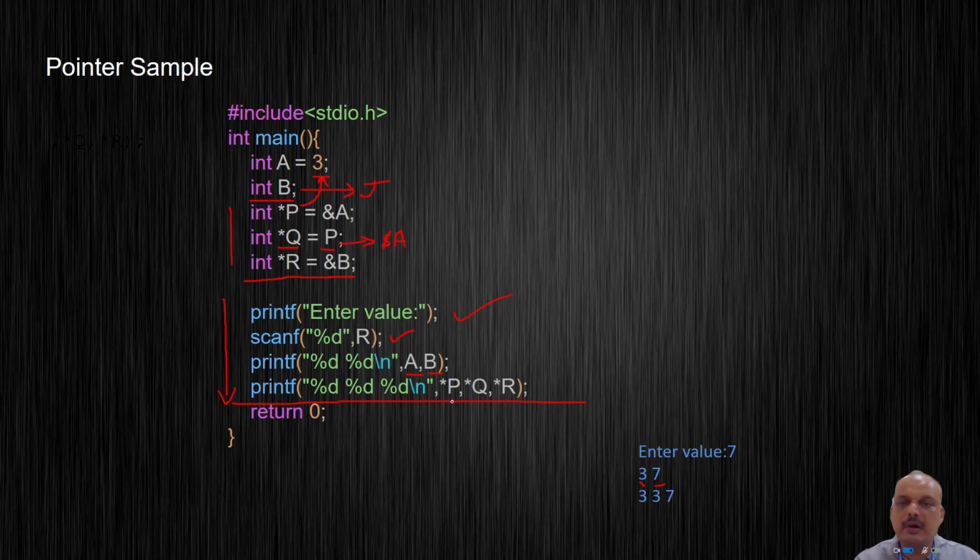Where is p pointing to? A. Where is q pointing to? Q is also pointing to a. And what is r pointing to? R is pointing to b. But the value of b is being read through r here. So when this line gets executed, what you get is 3, 3 and 7.